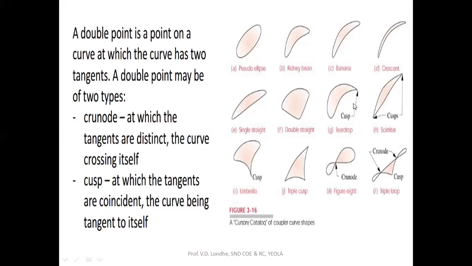So these are called cusps. And all the points at which the profile intersects itself are known as crunodes. Cusps are observed where the tangents are coincident. These curves are generated in such a way that they are tangent at one point, and that point is called a cusp. Where they intersect, they are known as crunodes. So these are the two features generated by the coupler curve.